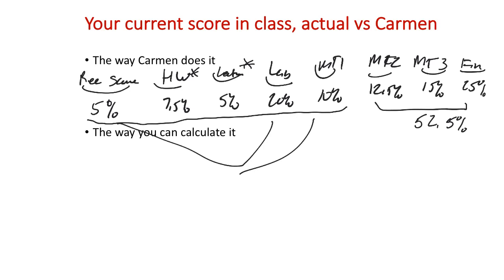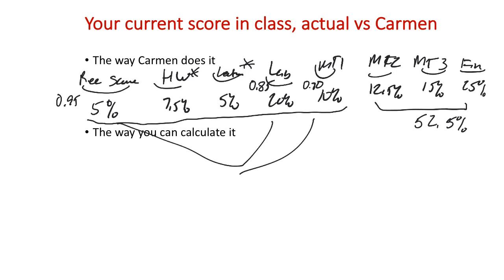Now, what Carmen's doing is saying, okay, if you have like a 95% in recitation, it's doing 0.95 times 5%. If you have an 85% lab score, it's doing 0.85 times 20. And if you have, say, 80% on the midterm, it's doing 0.8 times 10%.